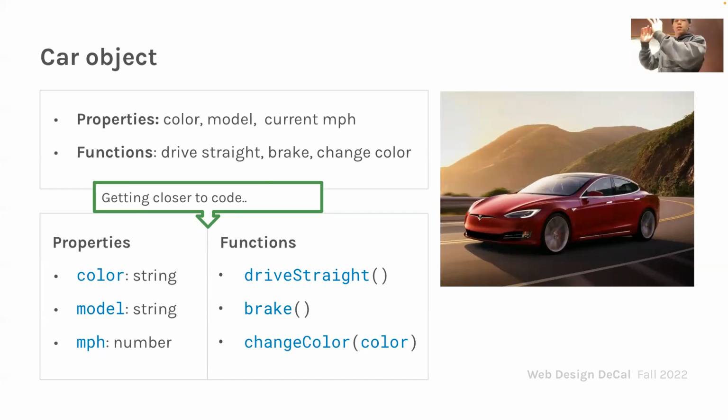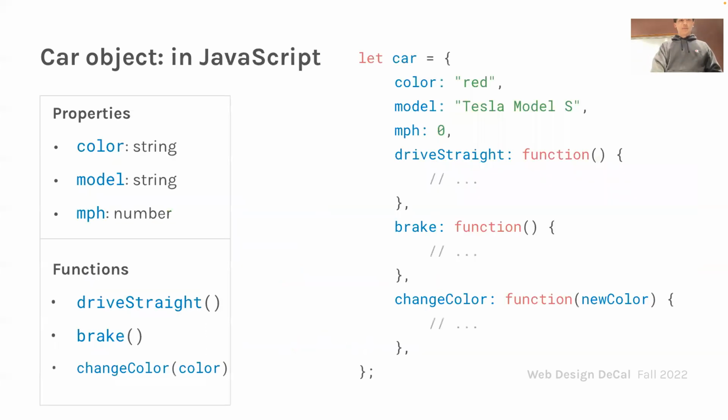If you remember, the parentheses after something represents a function call: brake, change color. So yeah, this is how we want to define this car object. We give it the 3 attributes that we talked about: color, model, miles per hour. And then we can define the 3 functions: drive straight, brake, and change color.